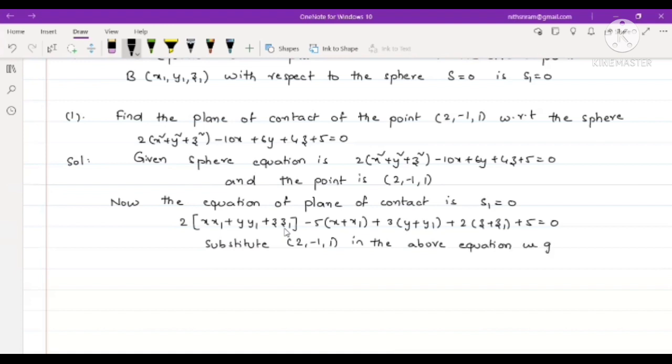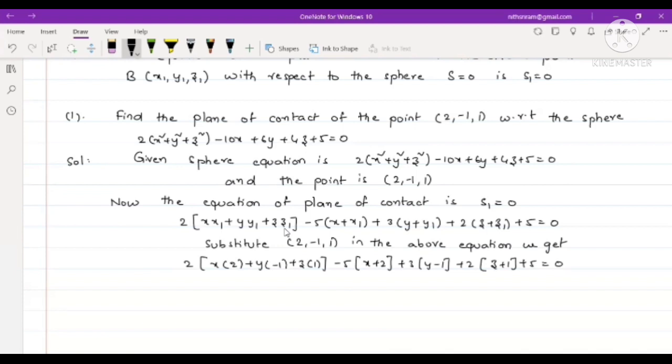We get 2 into (x times 2 plus y times minus 1 plus z times 1) minus 5 into (x plus 2) plus 3 into (y plus minus 1) plus 2 into (z plus 1) plus 5 is equal to 0.